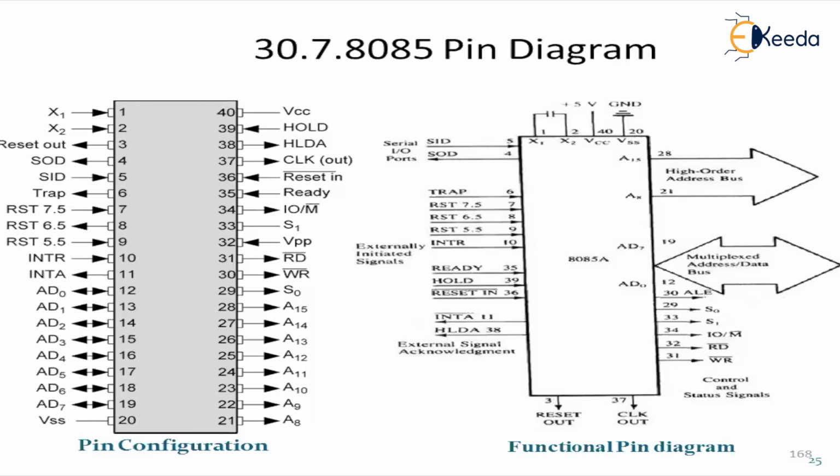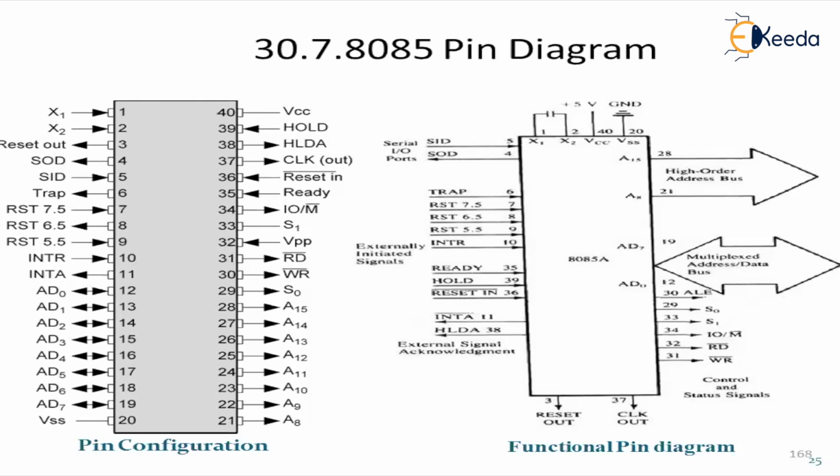The multiplex address bus is a bidirectional address bus which is connected to the 8085. And again, it requires plus 5 volt of connection, and it is being connected to the ground, for avoiding breakdowns with the help of the power signals.